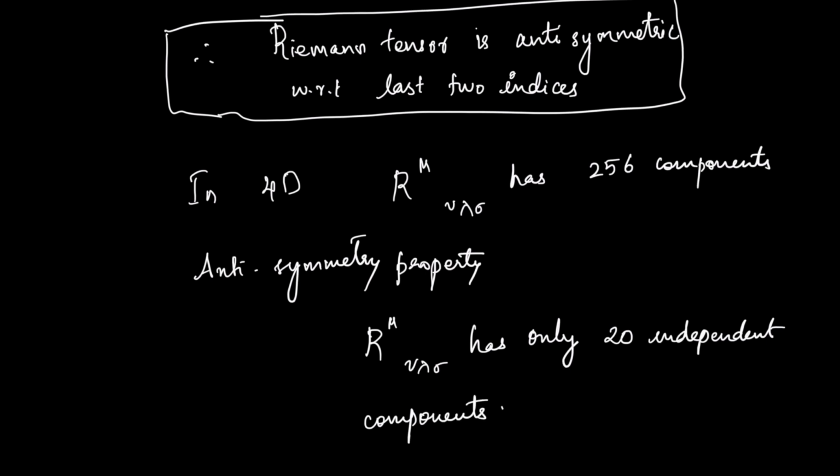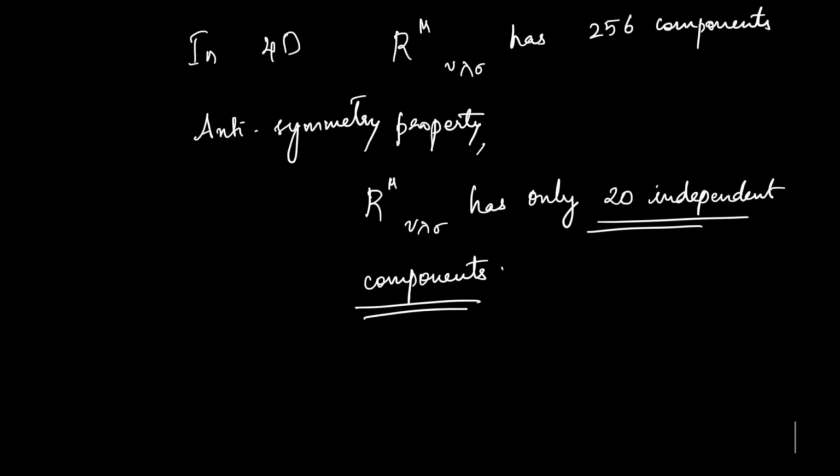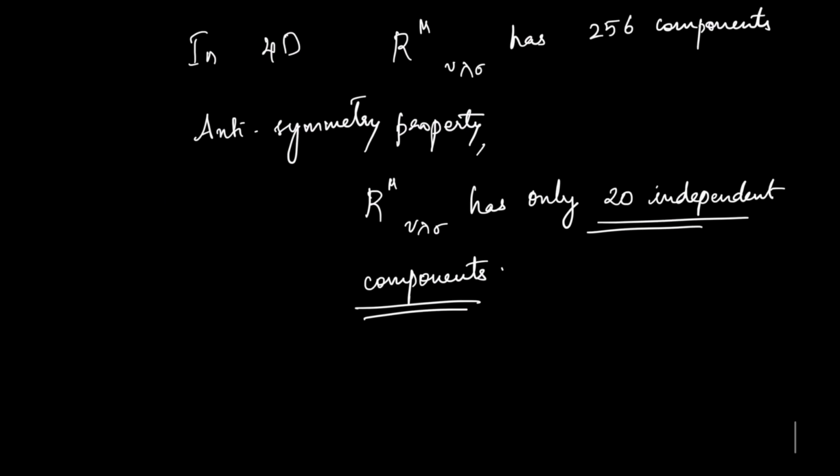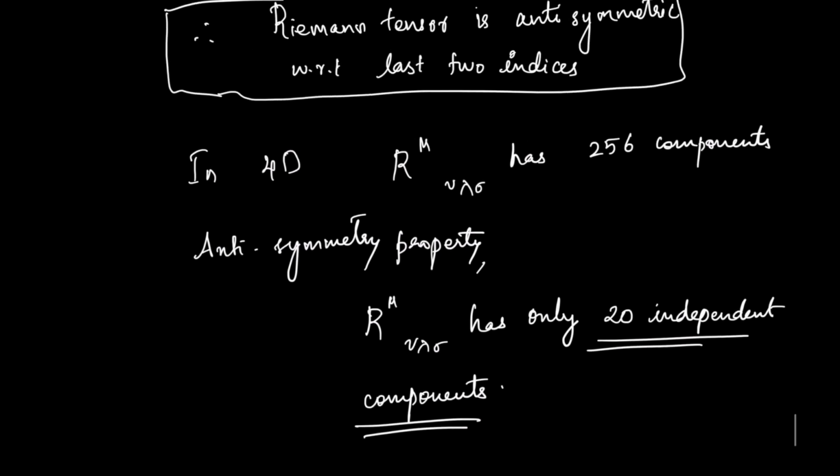So all other components you can get by exchanging lambda and sigma. So there are only 20 independent components. That is coming from the anti-symmetric property.